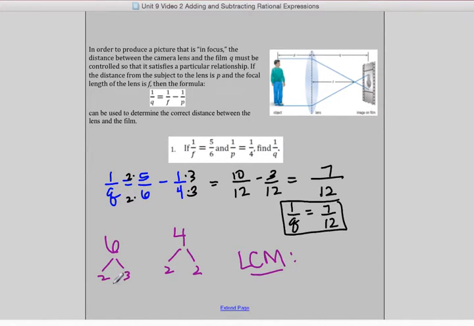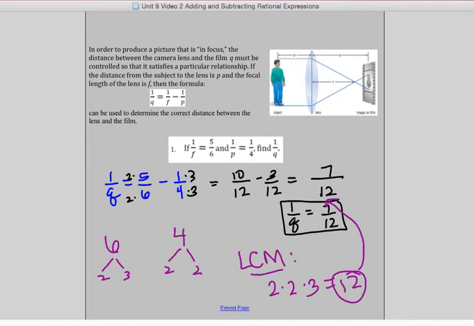It sounds funny, but 6 has one 2 and 4 has two 2s, so you write down the biggest number, which would be two 2s. So the LCM would be 2 times 2. This has no 3s, and this has one 3, so I would write down one 3. 2 times 2 is 4, 4 times 3 is 12, which is what we use for our least common multiple, and that was our denominator.